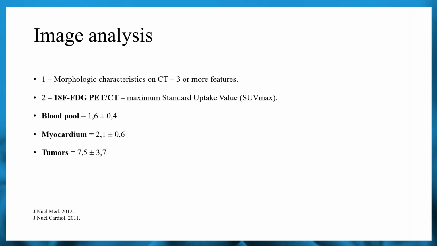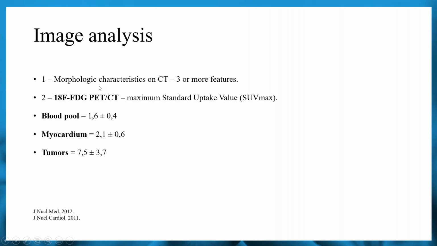The image analysis of both studies was similar. They started with the computed tomography, using 7 morphologic features of the tumor to classify the tumor as malignant or not. If the tumor presented 3 or more of those features, it was classified as malignant.